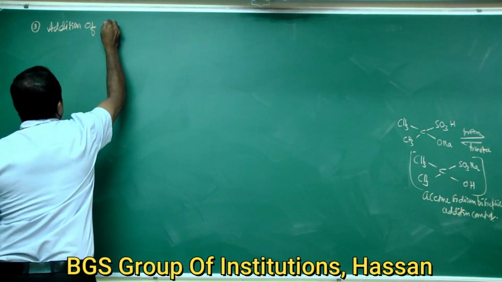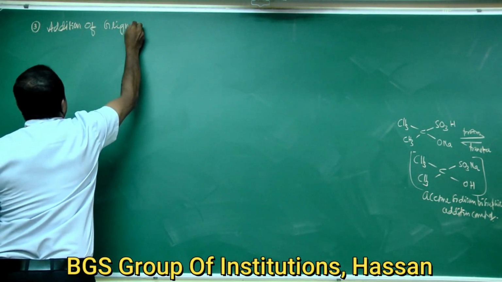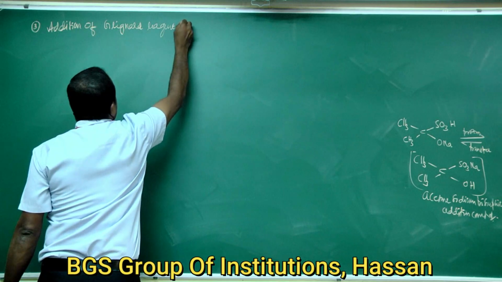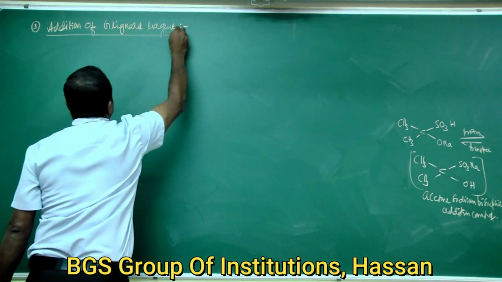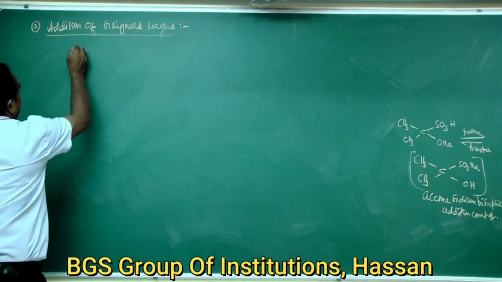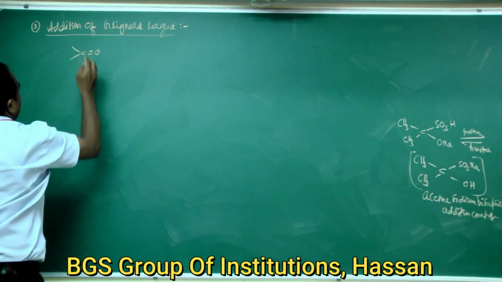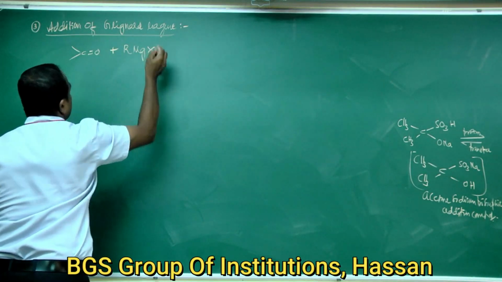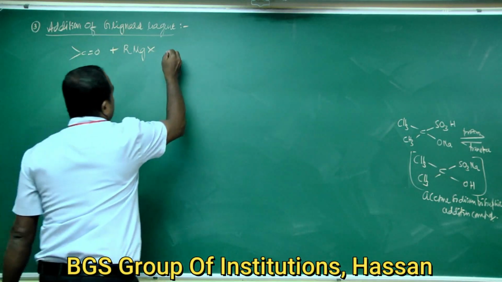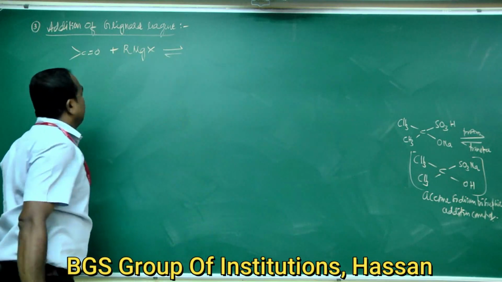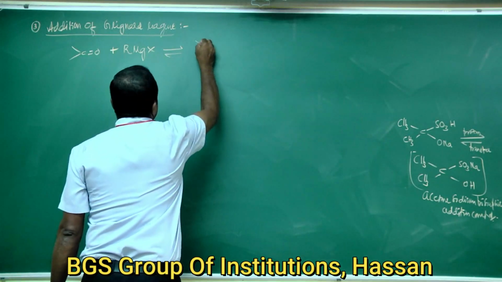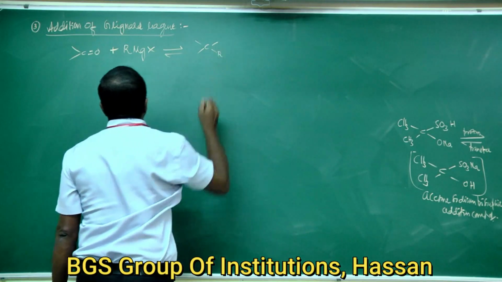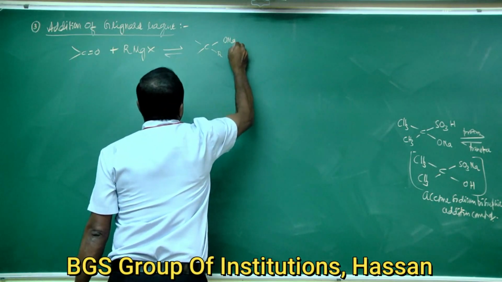Carbonyl compounds, that is C=O, add to Grignard reagents, R-MgX, to form the intermediate, that is C with R and OMgX.